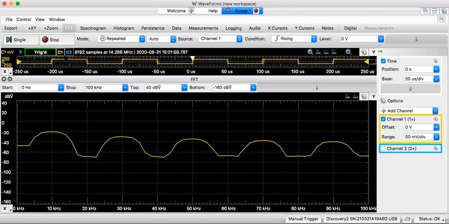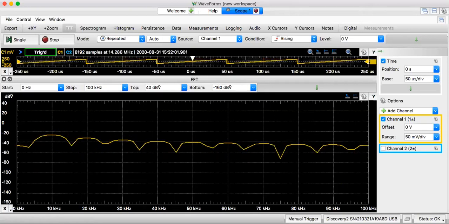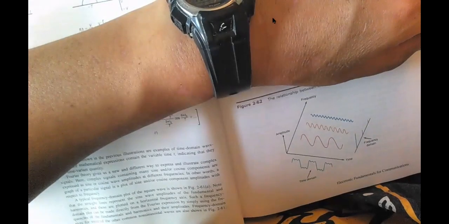How about I change to, now I have 10, 20, 30, 40, 50, 60. That is exactly what we showed in the theory.